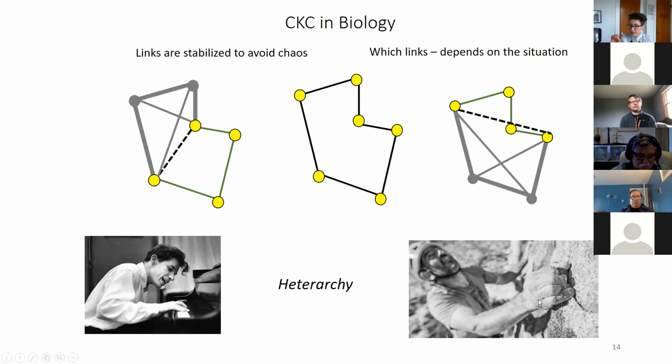He stabilizes his fingertips and the forearm muscles, and the only free moving segment of the arm is the proximal segment, the shoulder, that exerts the force on the entire body and lifts it up. And both of them share the same anatomical plan, the same bones and the same muscles, the same innervation circuits. So this phenomenon is called heterarchy. It is the ability to propagate the effect one way or another way.